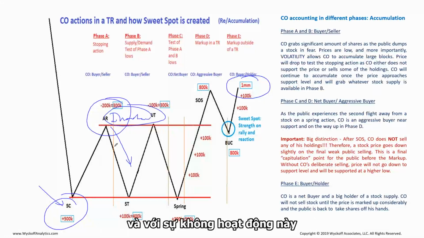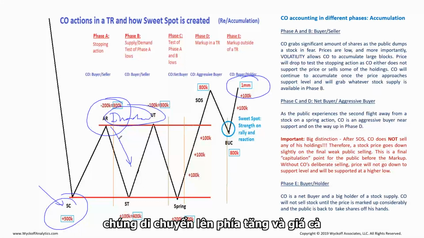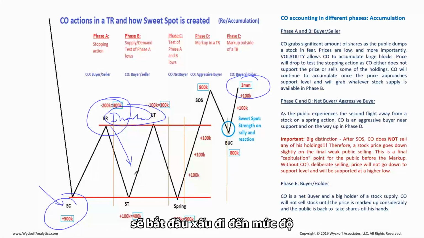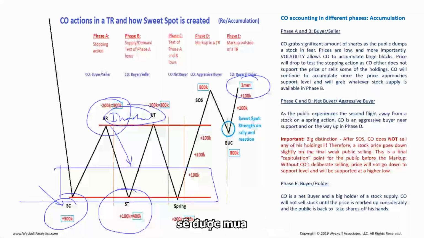And with this inactivity, the weak hands would not be able to sustain. They move to the upside, and the price will start deteriorating to the level of the support, where the CEO would buy again, add to the position, just because this is the zone where CEO would be buying.